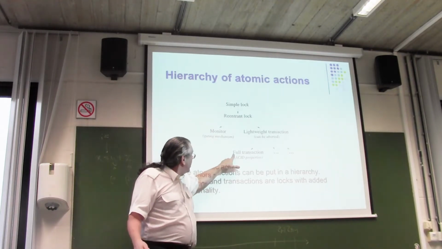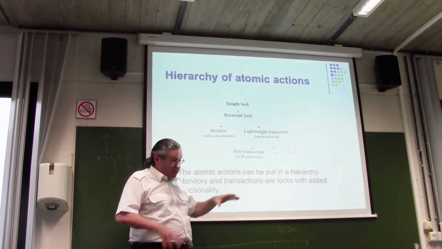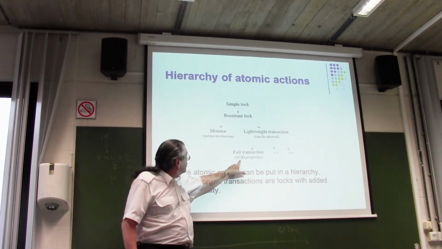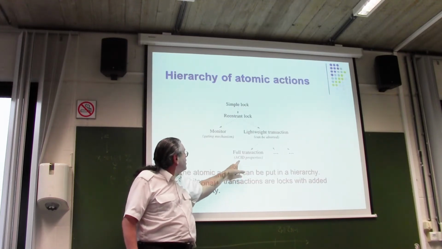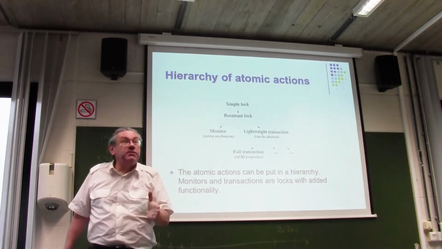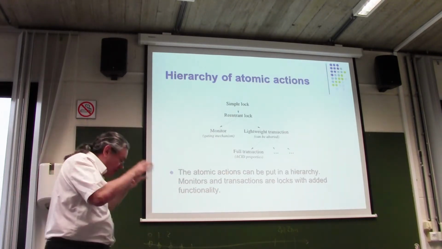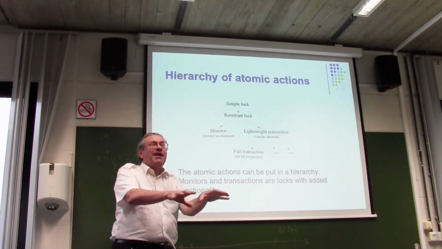A full transaction is built on a disk, a stable storage. And it has something called ACID properties. It has 4 properties, A, C, I, D. D is for durability. It means persistence. It means even if your system crashes, the disk still has the data, okay?